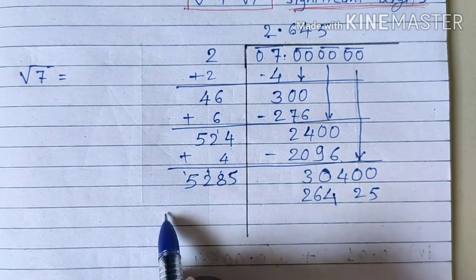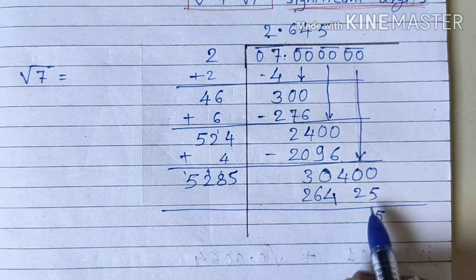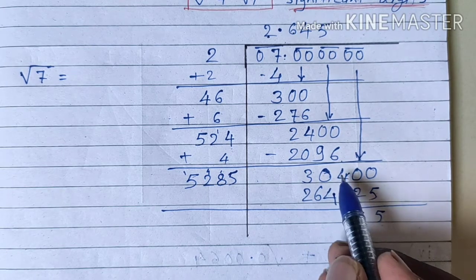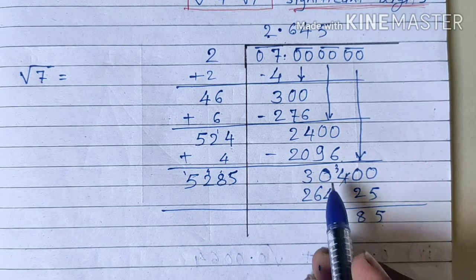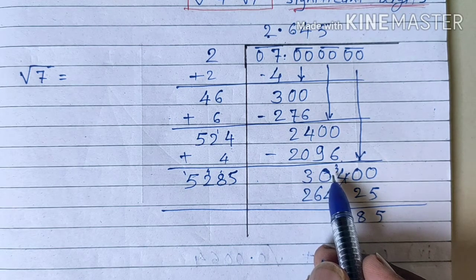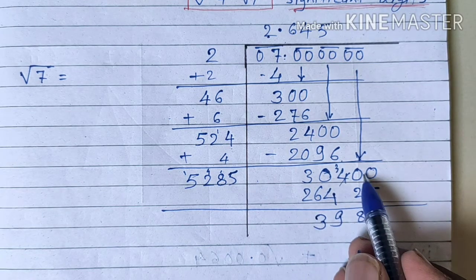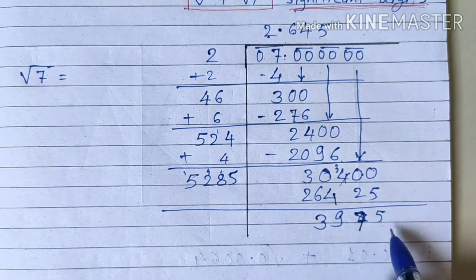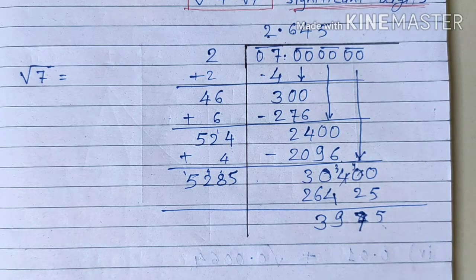Correct? Subtraction. 10 minus 5 is 5, 10 minus 2 is 8, then it becomes 3, 13 minus 4 is 9, and 9 minus 2 is 7. So like this.